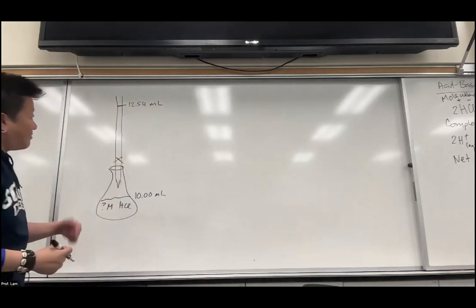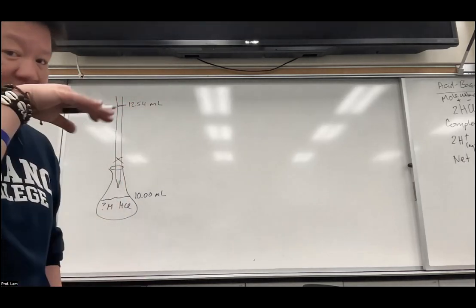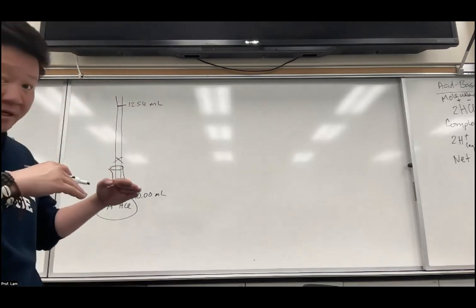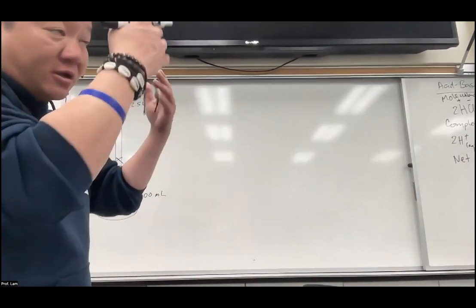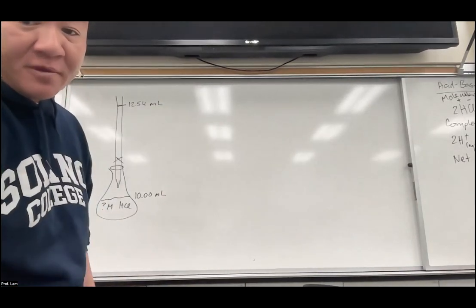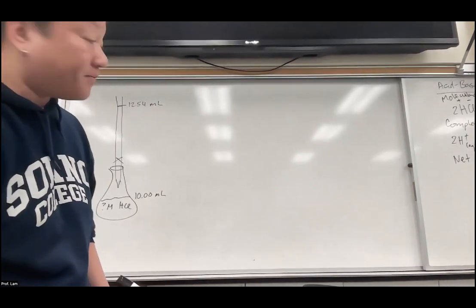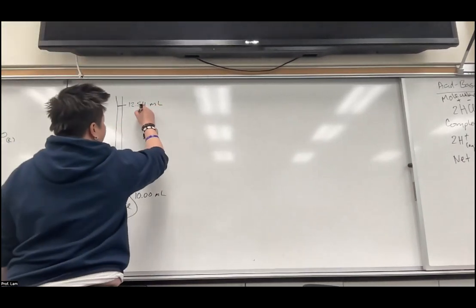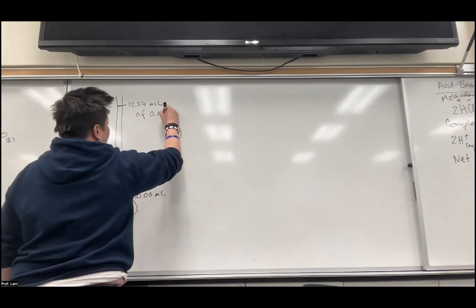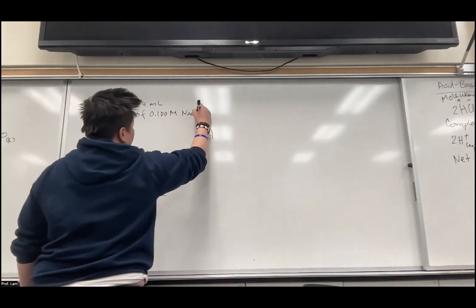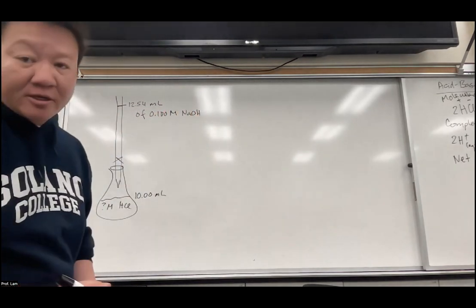That's the mark, right? That's how much we use. On the burette, it's like a graduated cylinder. It has these readings, so you can see how much volume you dropped in. And we know it is 0.100 molar sodium hydroxide. Okay, so that's our known.